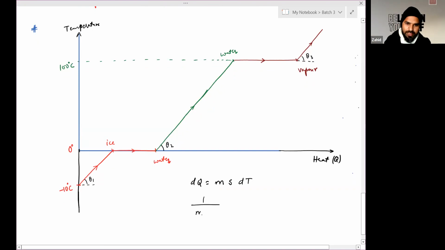You'll get 1 divided by m into s equals dt by dq. In this ratio, we have dt in the numerator, which will behave as perpendicular, and dq in the denominator, which will behave as base. So this particular ratio will be termed as the slope of this particular graph.